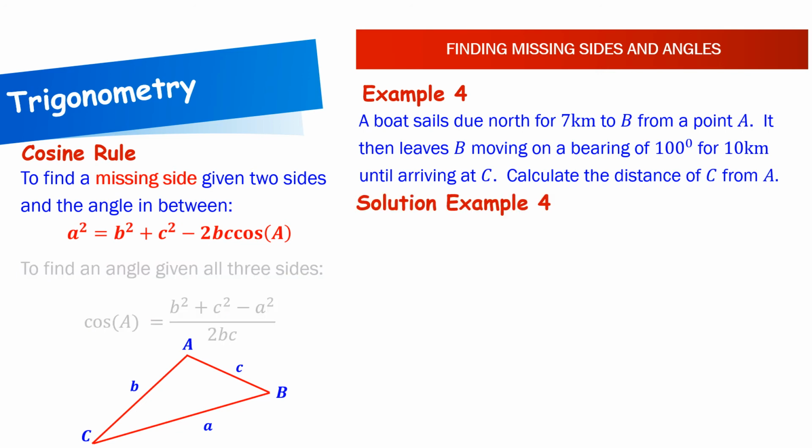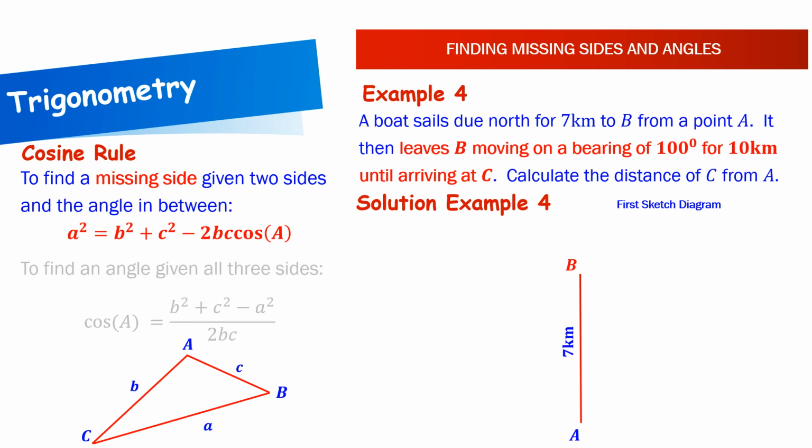So let's solve this. First, we're going to sketch the diagram. So a boat sails due north for 7 kilometers to B from a point A, as shown.